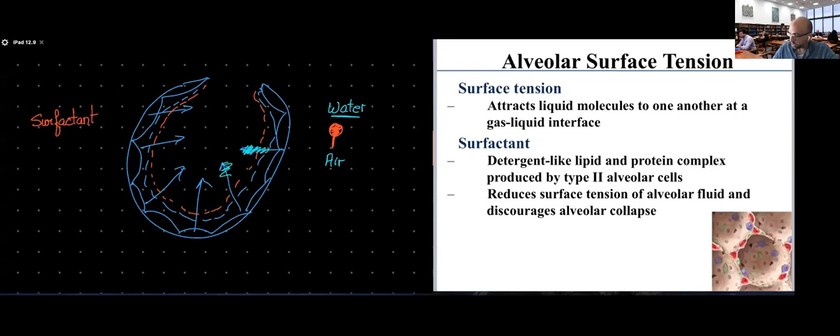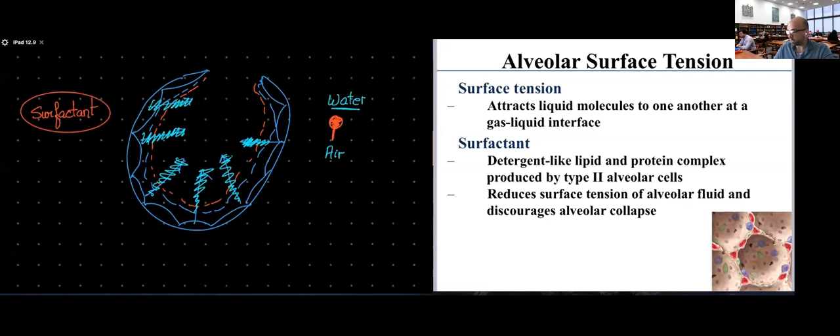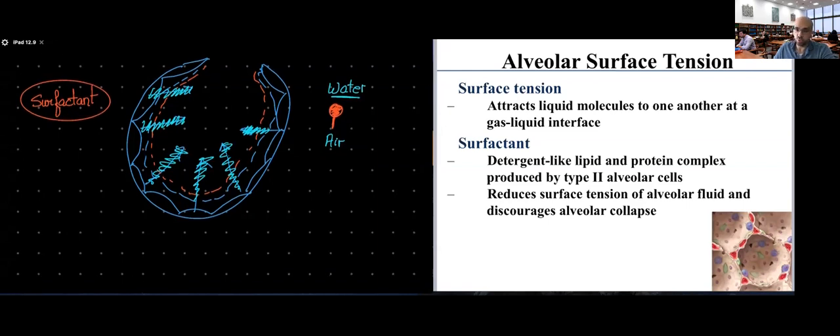So I don't have a major effect here normally, again, for the surface tension in the alveoli, because simply I am producing surfactant. And can you remind me, please, what is the type of alveolar cells or pneumocytes that is responsible for the production of surfactant?